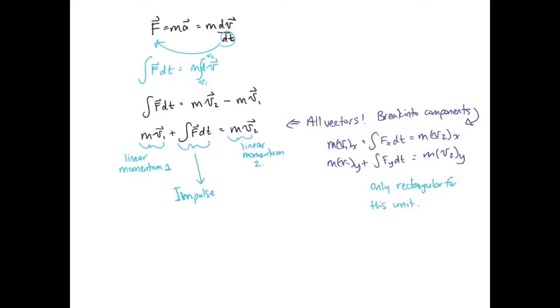The units here, we have a force times time. So our units here will be force, which in metric would be newtons, times time in seconds, or if you're in imperial, it would be pound-seconds. You have to consider all of the forces, not just the forces in the direction of motion like before.